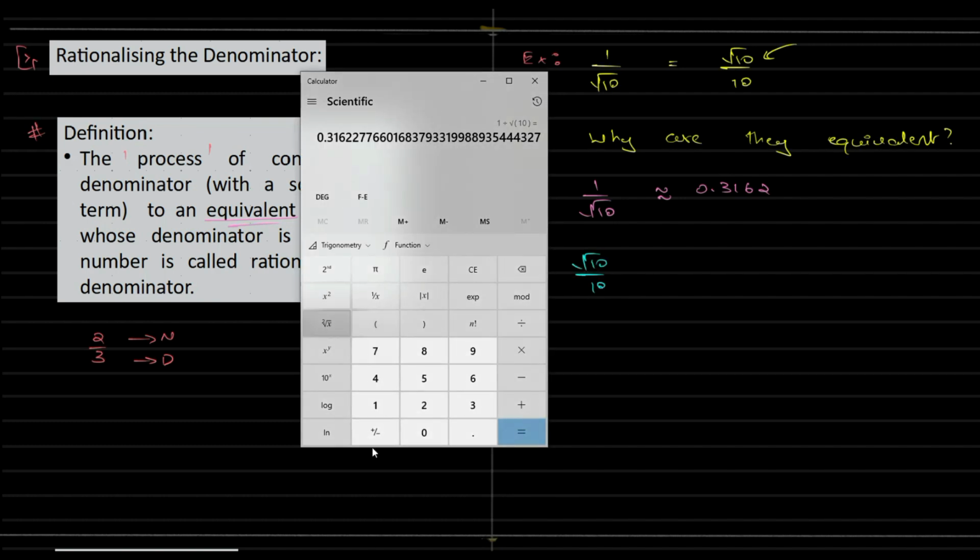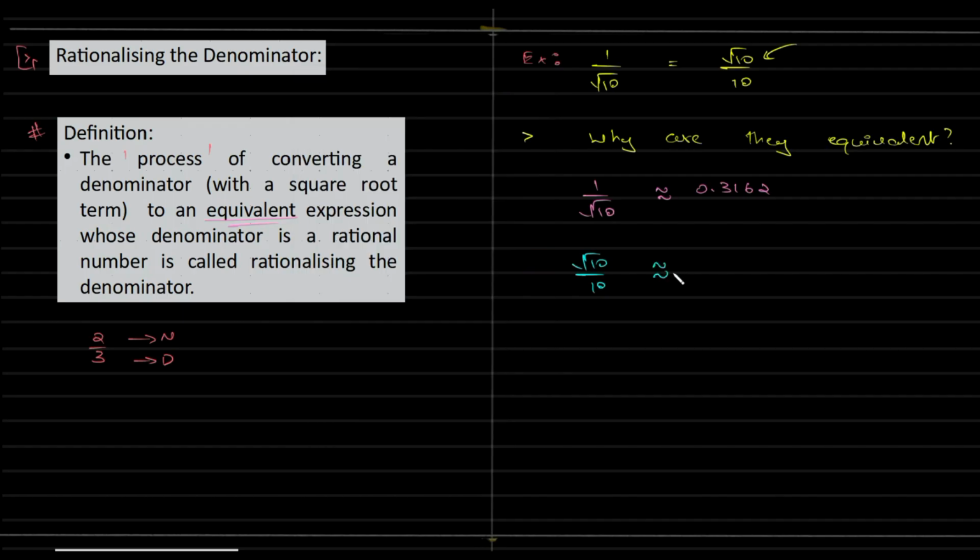Using the calculator, root of 10 divided by 10 is 0.3162 again. So in both cases, we have the same output, the same number. So these two are equivalent because their output is the same. So this set of expressions are equivalent.